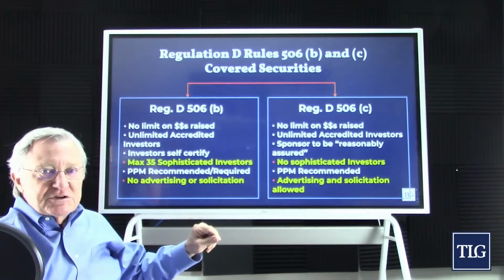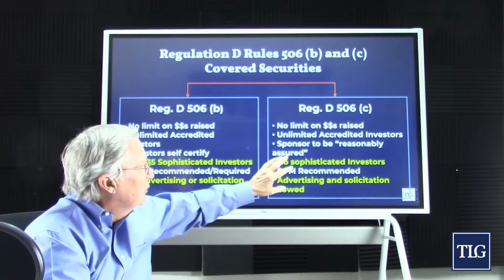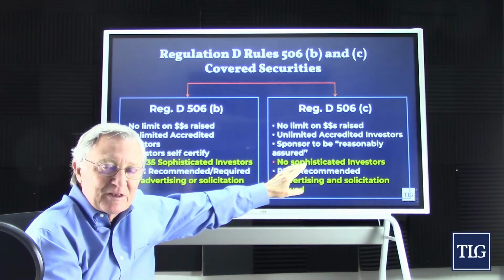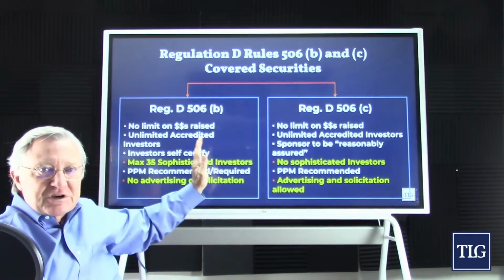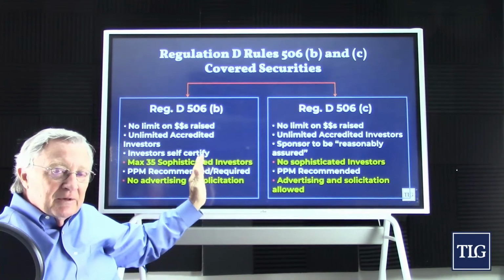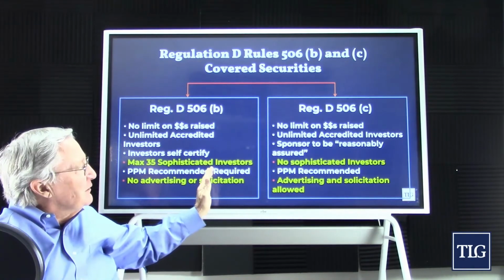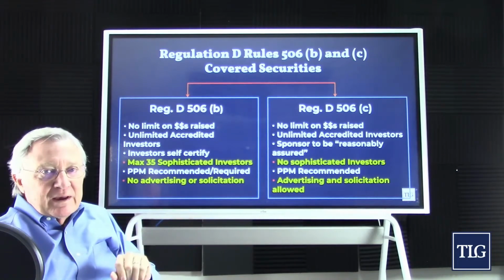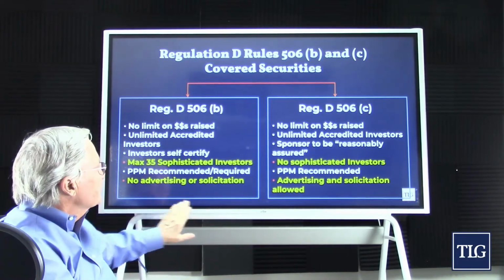What it means is if you're going to come out and do a 506C in the same offering that you started as a 506B, you can do it. And they're going to look at it under the safe harbor as two acceptable ways of getting investors.